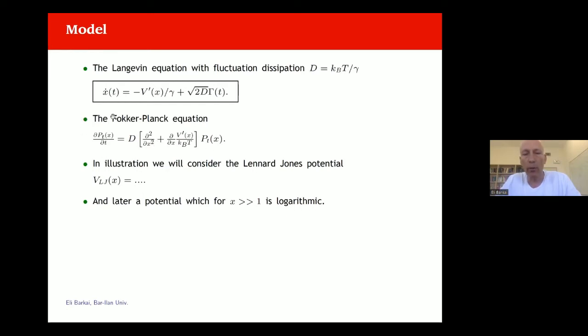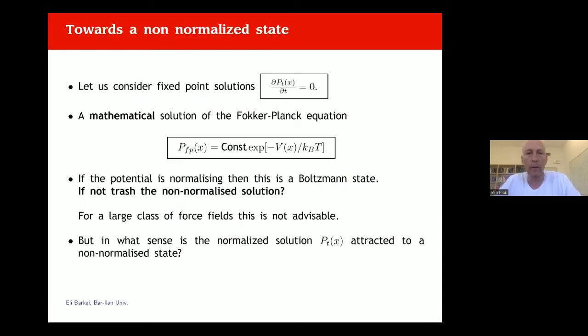Then we have a Fokker-Planck equation. And for illustrations, I'm going to use a Lennard-Jones potential. So X is going to be positive. So I guess you all know what I mean by Lennard-Jones. It goes to 0 at large distances. Later, if I have time, I'll also discuss a logarithmic potential, but all these potentials, what is special about them is that the partition function diverges.